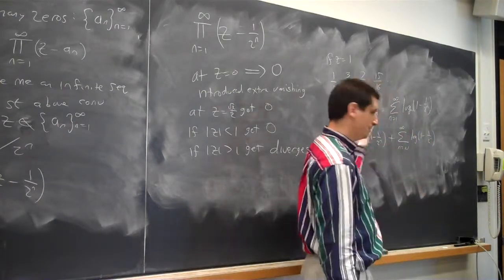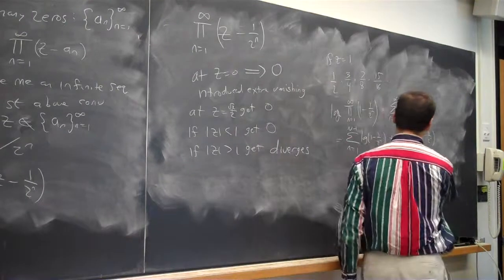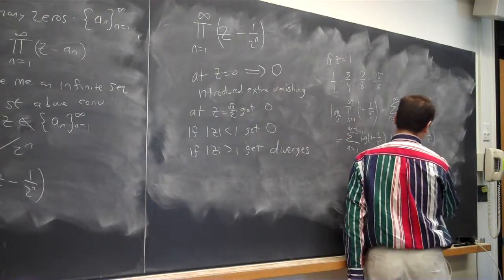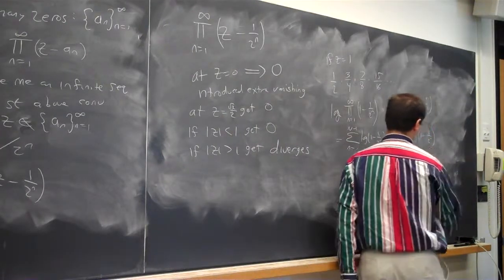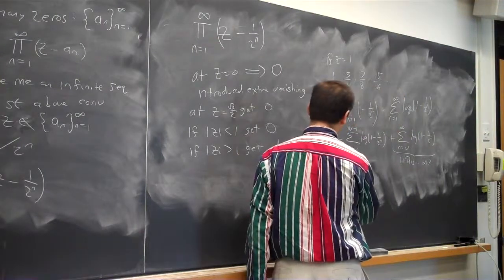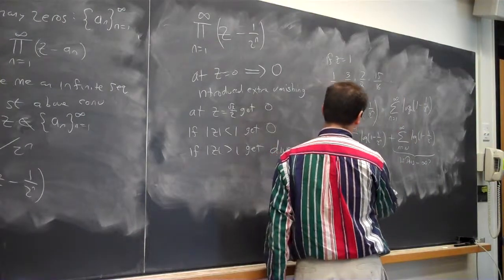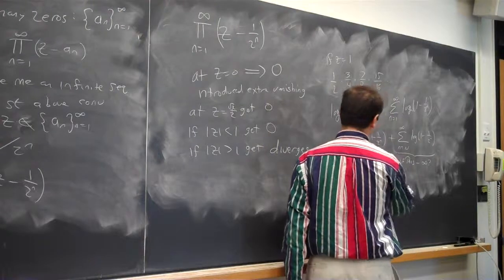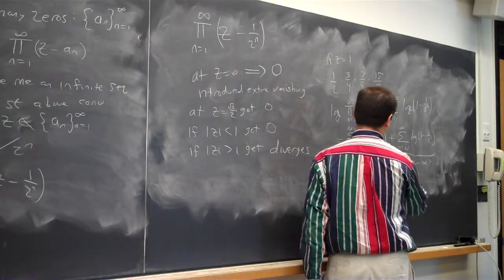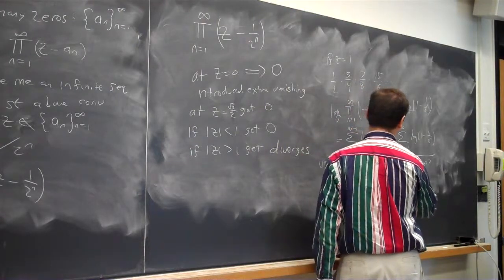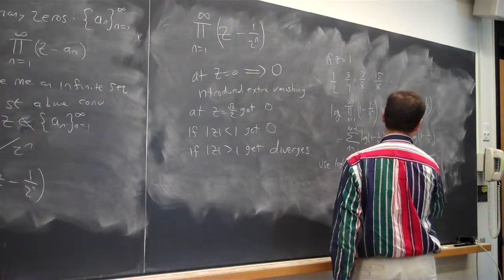Does this part here matter? No. So all it is, this negative infinity. Well, we use the log of 1 minus u is u minus u squared over 2 plus u cubed over 3 minus dot, dot, dot.